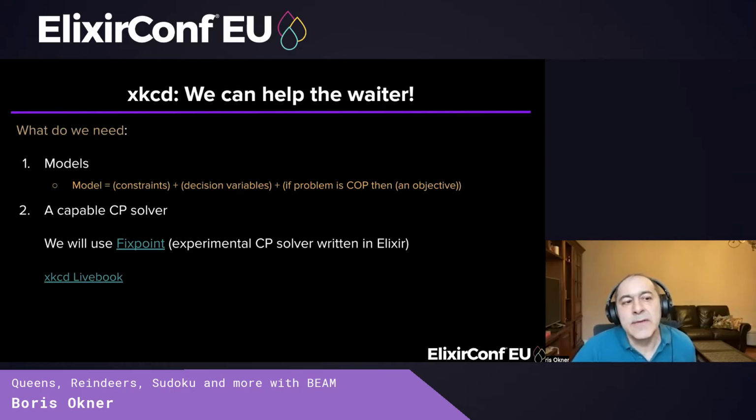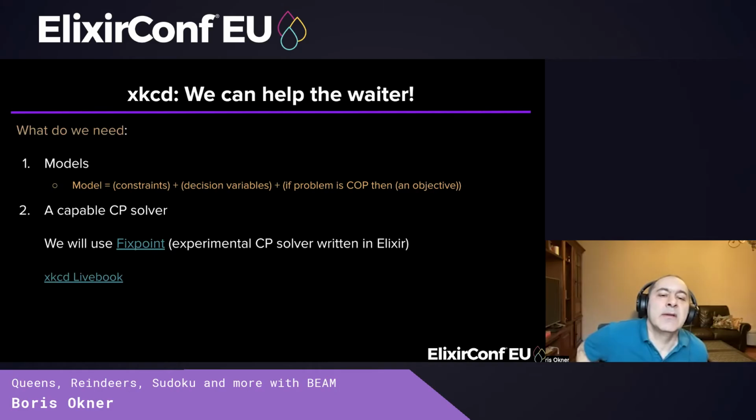So what do we need? We need to put together some models. A model in constraint programming is a combination of constraints, decision variables, and additionally, if the problem is an optimization one, we will have an objective. And of course, we need some piece of software, a capable constraint programming solver, and we will use Fixpoint.